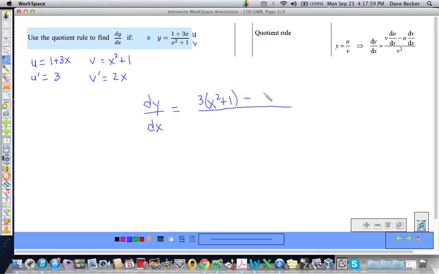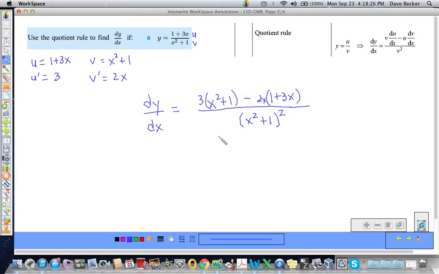Minus u dv. Well, u is 1 plus 3x multiplied by the derivative of v. That's 2x. So I'll put a 2x in front of there. And that is all over v squared. Well, what's v? X squared plus 1 squared. Okay? And you might be looking at that and say, that is a huge mess.